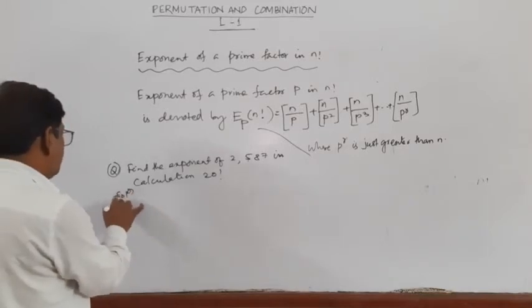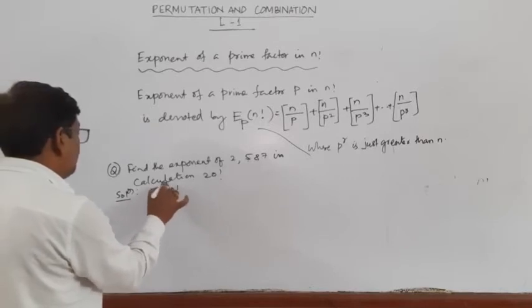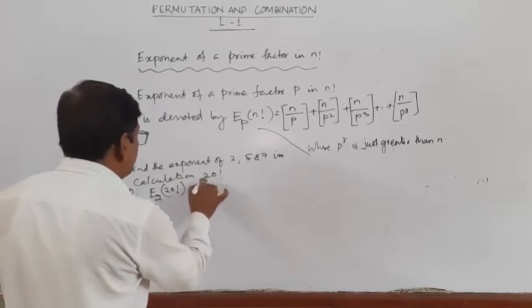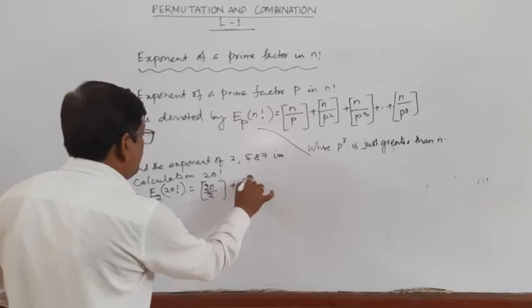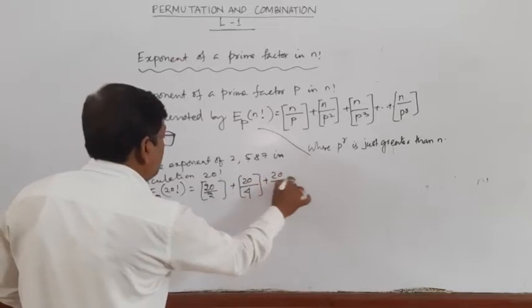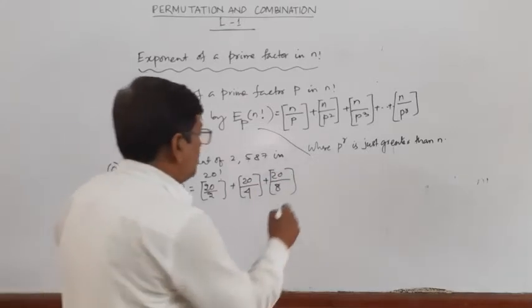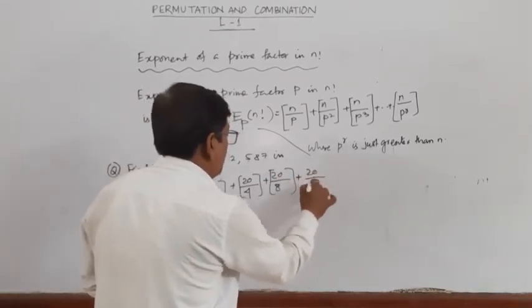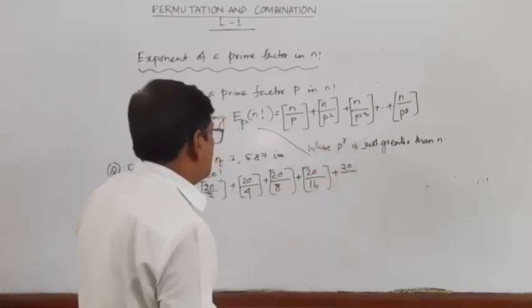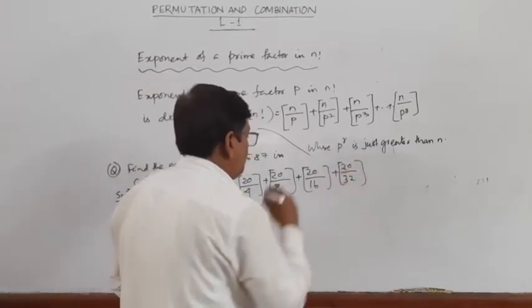Solution: exponent of 2, E2 of 20! is equal to [20/2] plus [20/2²] meaning 4, plus [20/2³] meaning 8, plus [20/2⁴] meaning 16, plus 20 by 2⁵ meaning 32, which is greater than 20, so we stop here.